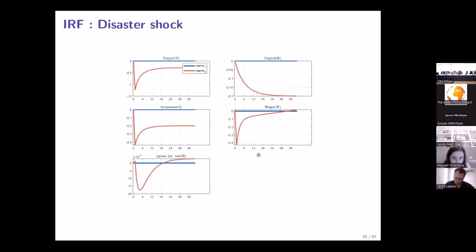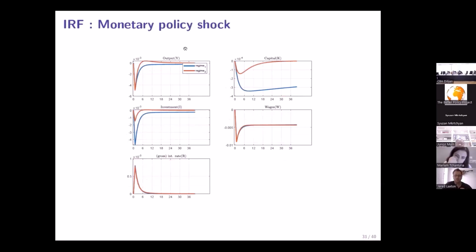But if we are in a situation where zeta is different from 0, then the shock hits, it destroys output, it destroys capital, it destroys investments, and so on. Then the central bank tries to do its best to lower the interest rate in order to help the economy rebound. These are just some small impulse responses for illustration.